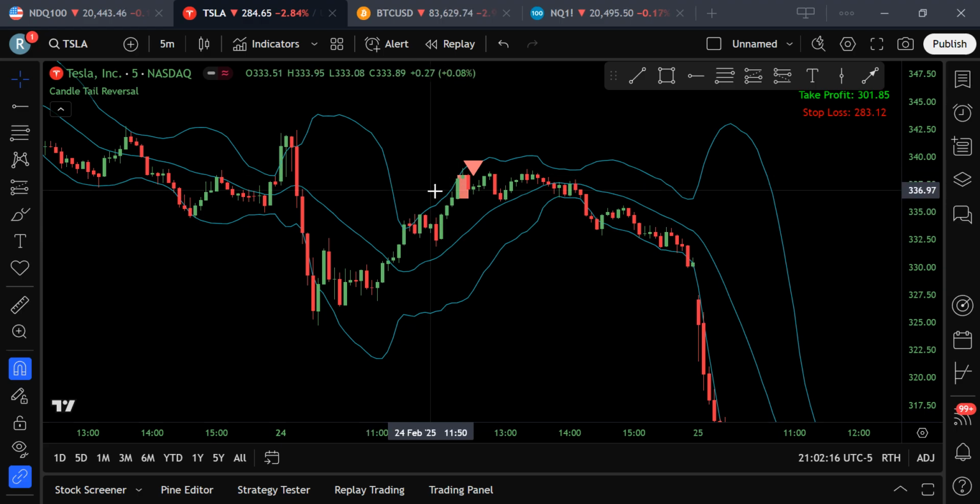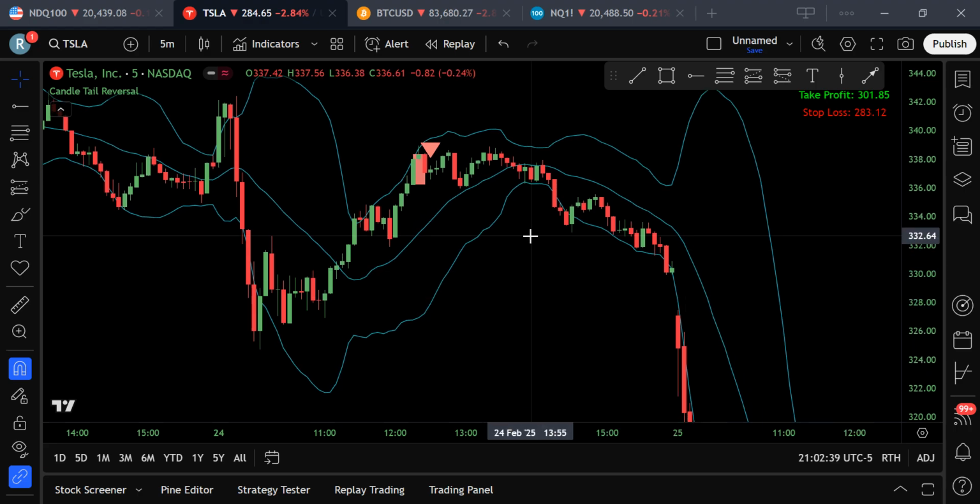It is also incorporating this painted red box with this red arrow pointing down. It's incorporating certain price action characteristics and fractals into the formula to find these sell signals.